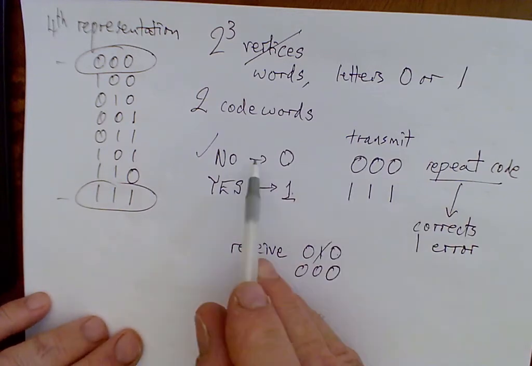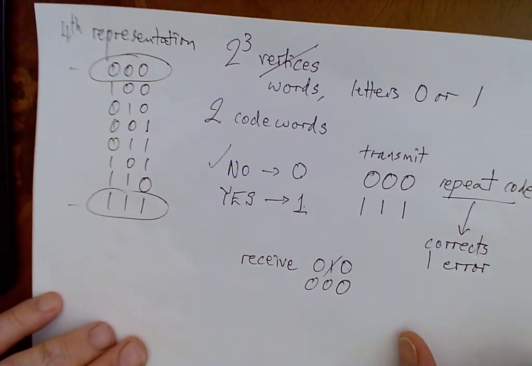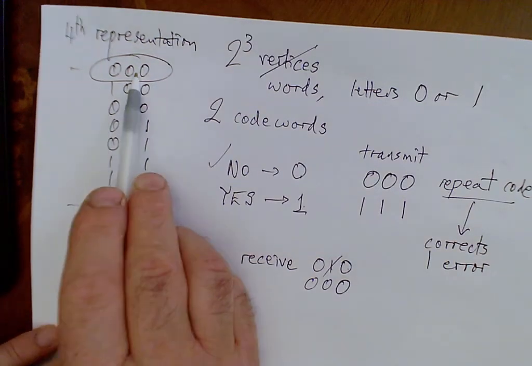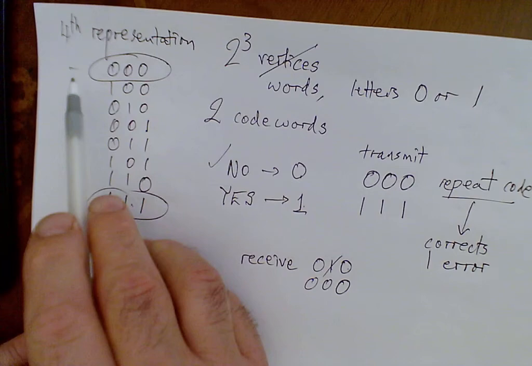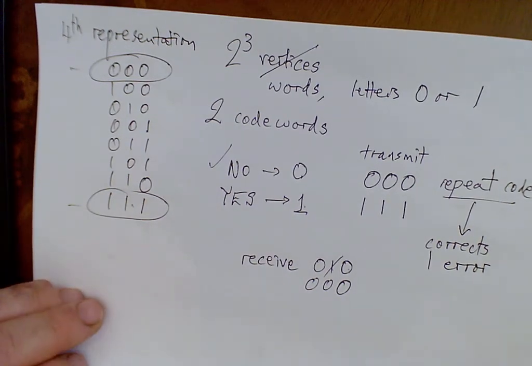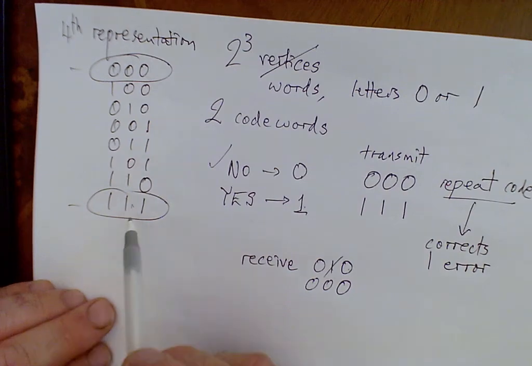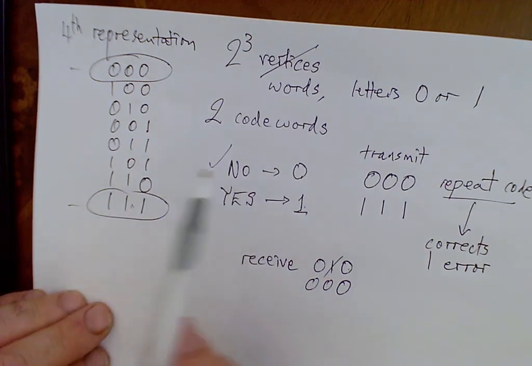But mathematically, what's going on is that we're finding 2 code words amongst our list of 8 words so that each word is within a distance of one of the code words.